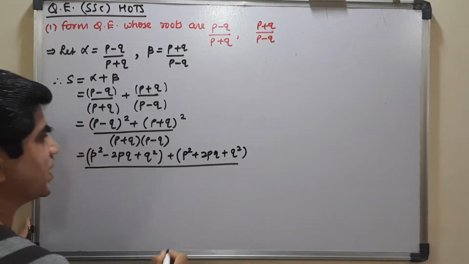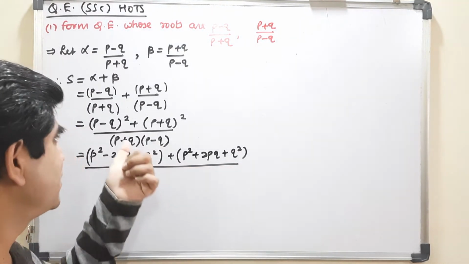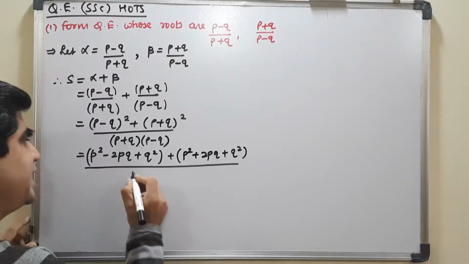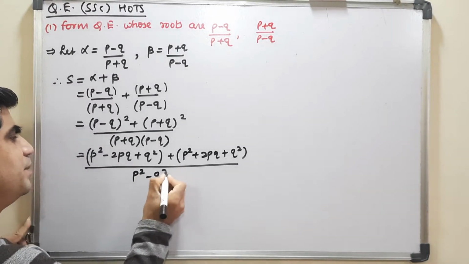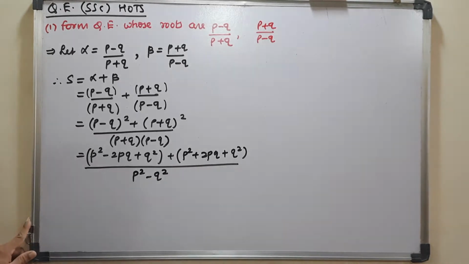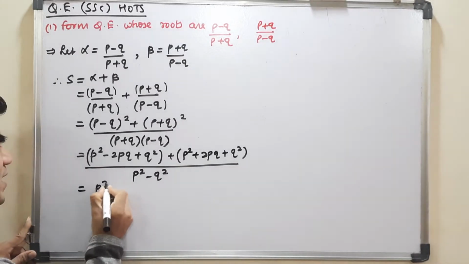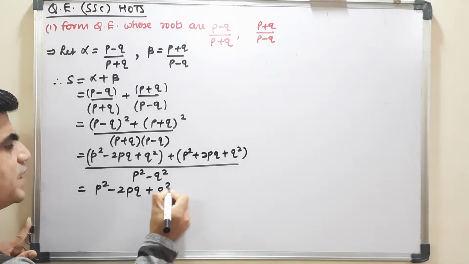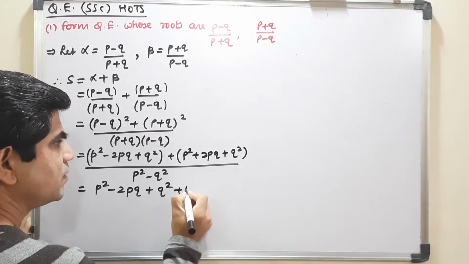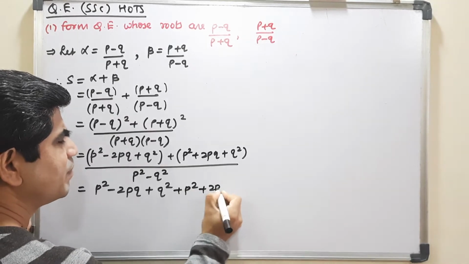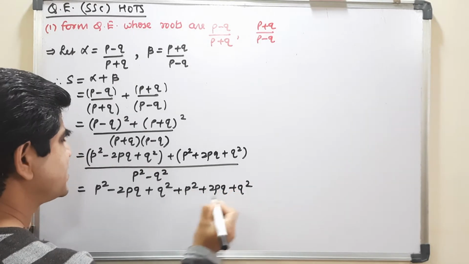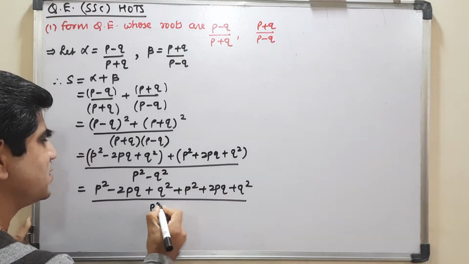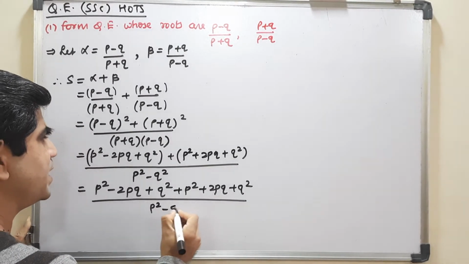The whole upon comes, this is now a plus b into a minus b, that is nothing but a square minus b square. So when I open the braces, I get p square minus 2pq plus q square plus p square plus 2pq plus q square. The whole upon comes as p square minus q square.